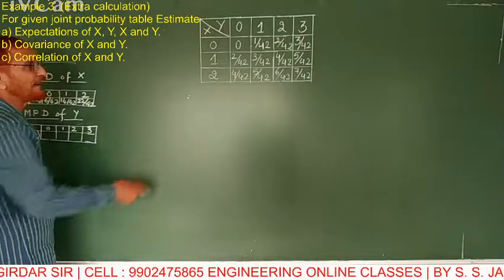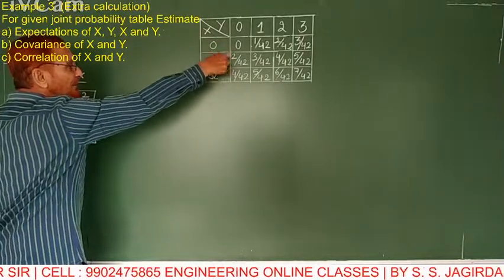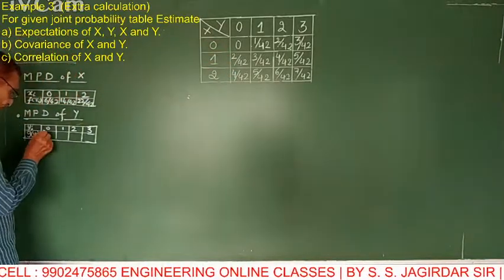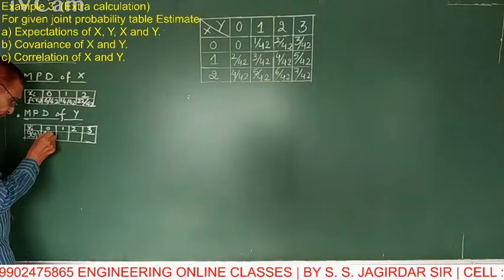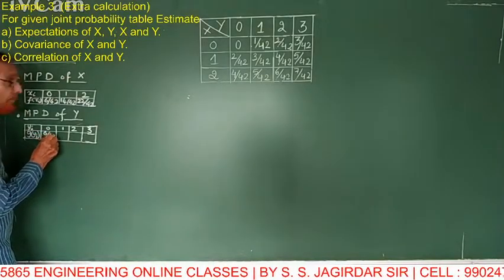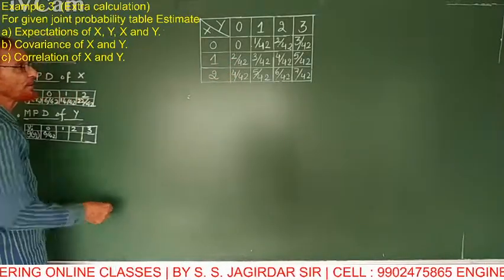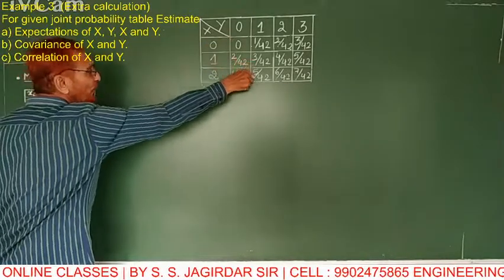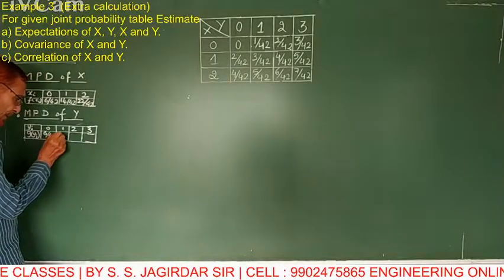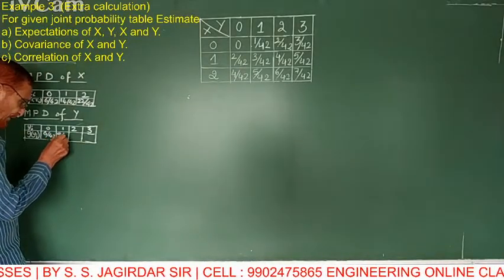Column-wise you have to add: 0 plus 2 plus 4 means 6 upon 42. For 1, 1 plus 3 is 4, 4 plus 5 is 9, so 9 upon 42.